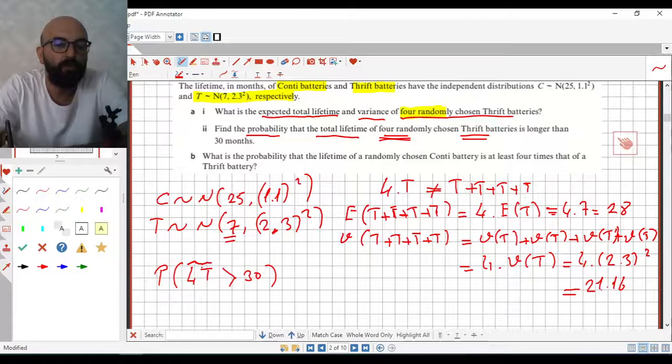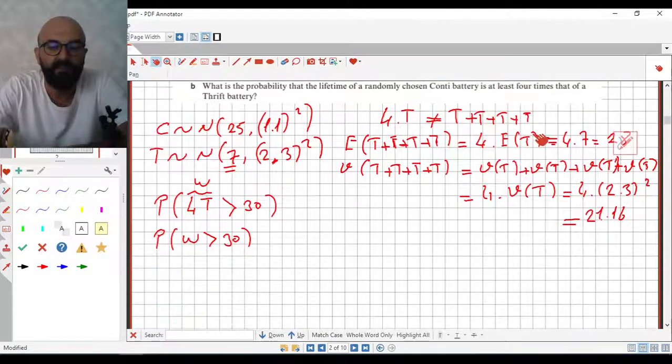I want to give a name to this, W, for example. I want to find the probability of W greater than 30.